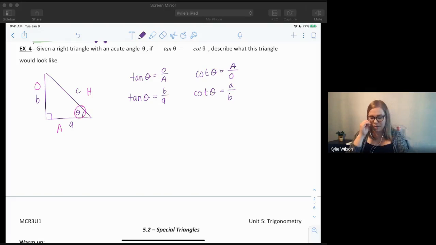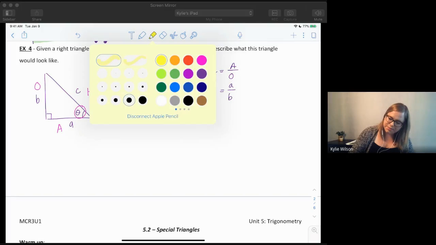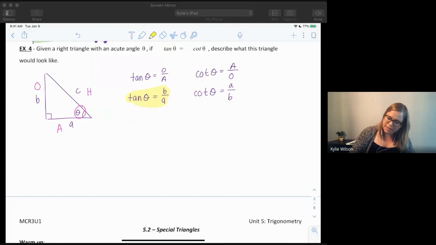So now, how can I make this equal to this? What has to be true? What I've learned here is that these two have to match to make this equal, and those two will have to match.